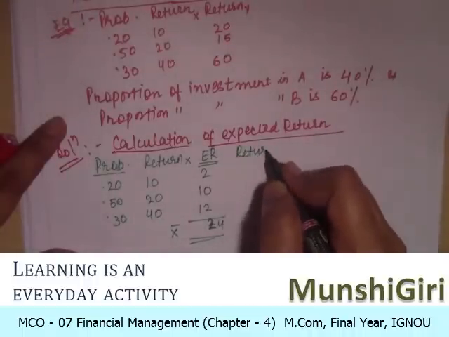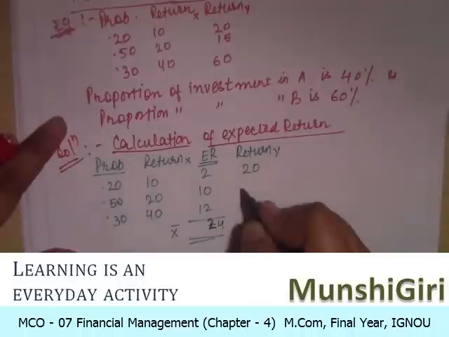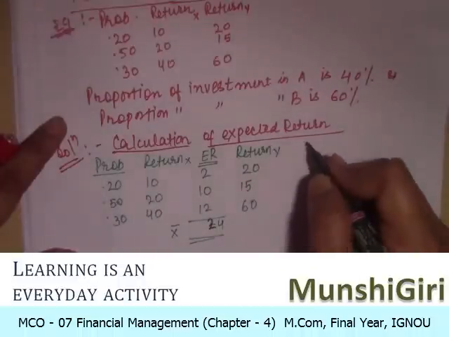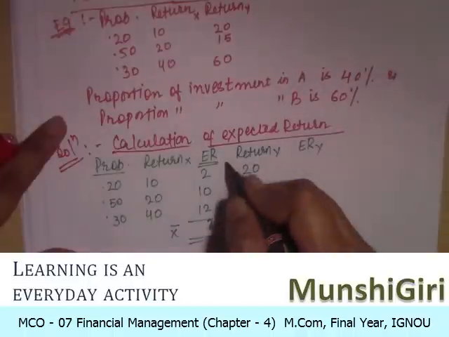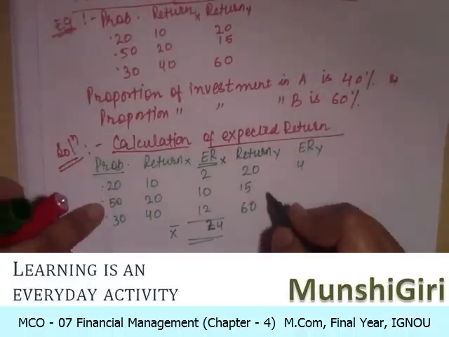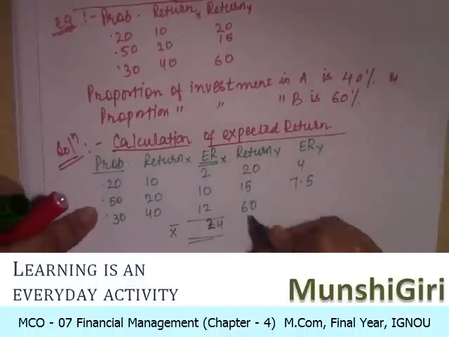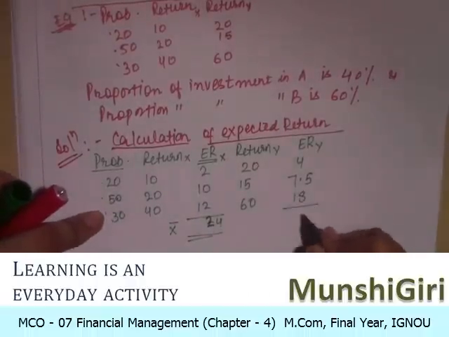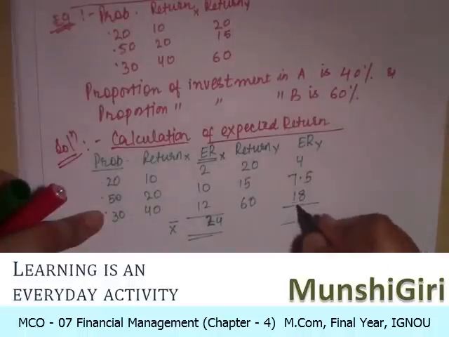Return of Y is 20, 15 and 60. Again probability into return gives 4, 7.5, 18, so Y bar is 29.5.